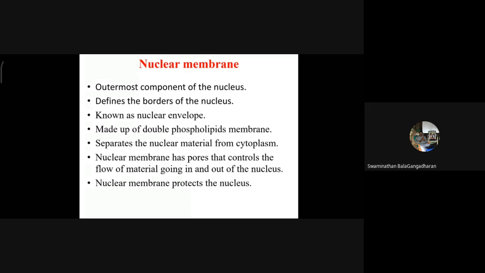Like that, the nuclear membrane also allows some particular materials to flow in and out of the nucleus. The nuclear membrane protects the nucleus. It's very obvious, it is the membrane of the nucleus, so a membrane will always protect the inner part.